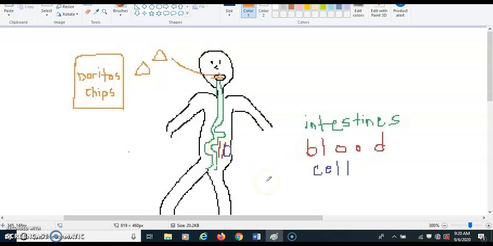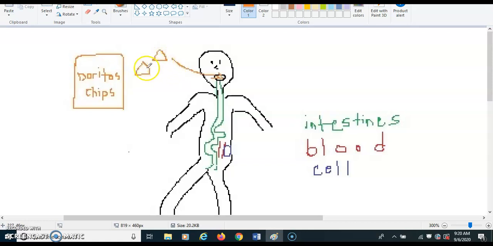So now let's just pretend that we decided to watch a movie. And so we decided to eat, while we're watching the movie, a whole bag of Doritos chips. So it's got a lot of different nutrients in it, but we're going to focus on sodium and chloride, because that's salt.